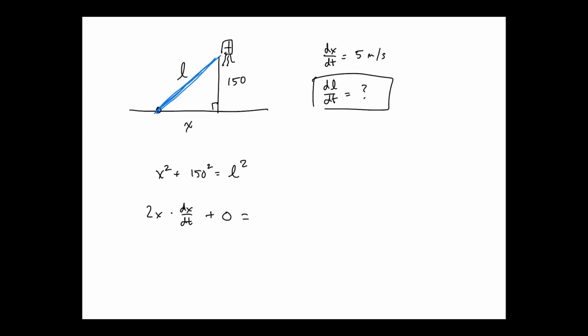Interestingly enough, this is the fun thing about doing related rates: did the actual number 150 matter? Nah, not really, or at least not yet. All right, equals what?